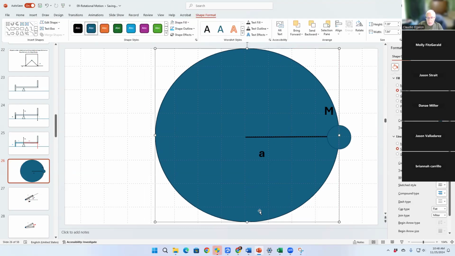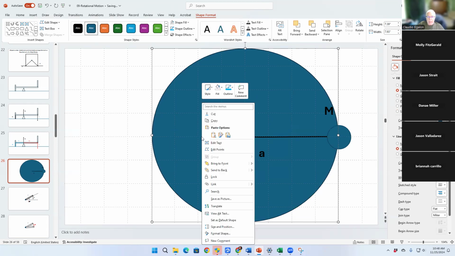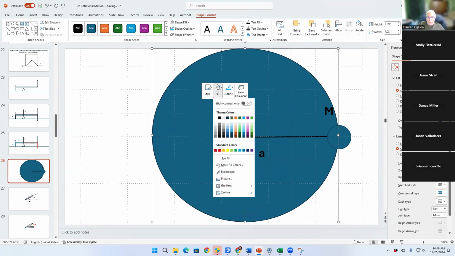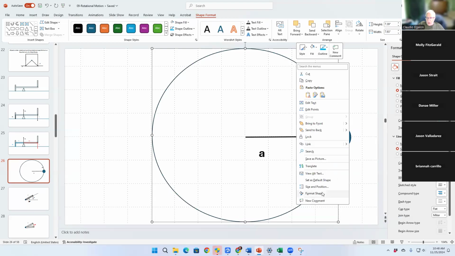A little bit to the left, stretch a little bit to the right. And I'm going to dash the line just to give the impression that this object is rotating about this axis here.